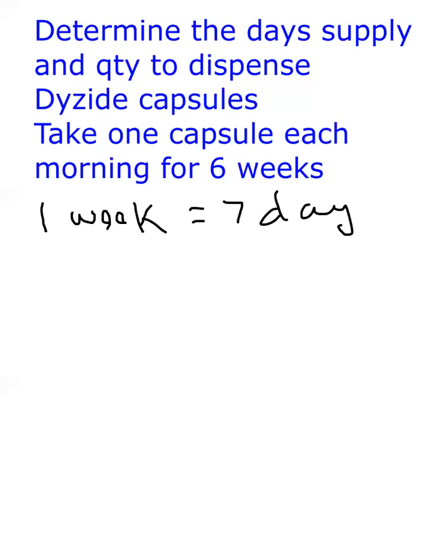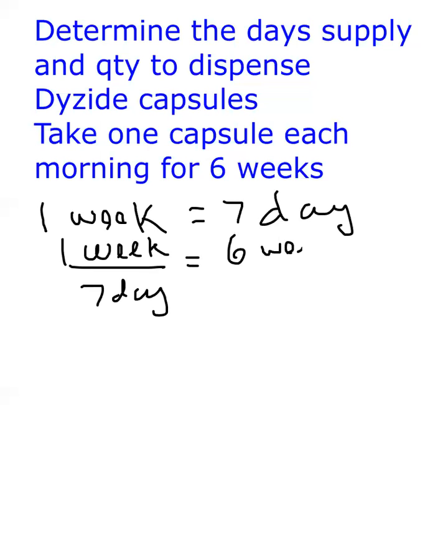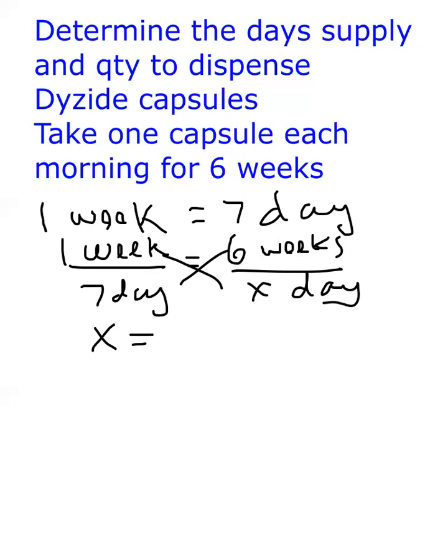So we can go ahead and put this as a fraction, 7 days. So we have 6 weeks. We want to know X amount of days, correct? So we're going to go ahead and cross multiply. So X times 1 is X. So X is equal to 6 times 7, which is 42 days. So that's our first part.